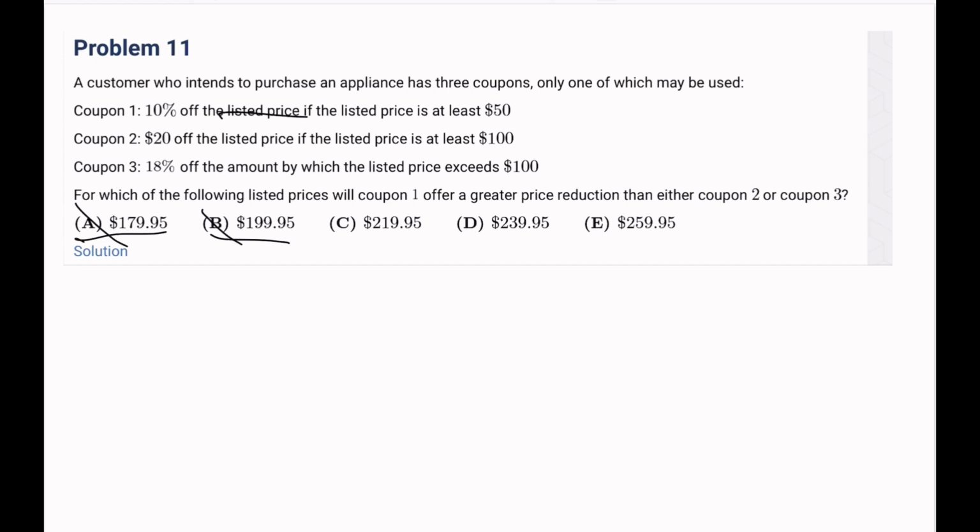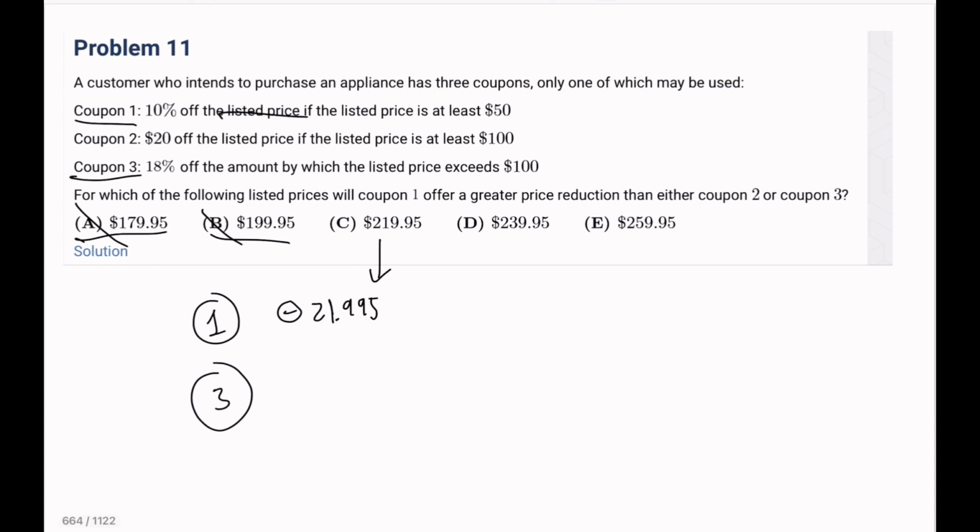And now we only have to compare coupon 1 and coupon 3. So let's go with C first and work out all the others. 10% off the listed price is 21.995 off, right? This is for coupon number 1. And for coupon number 3, 18% off the amount by which the listed price exceeds 100.